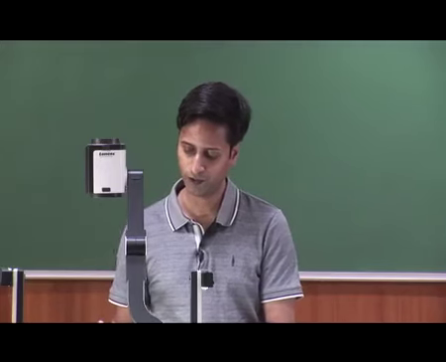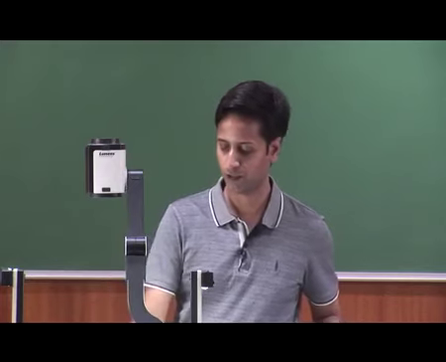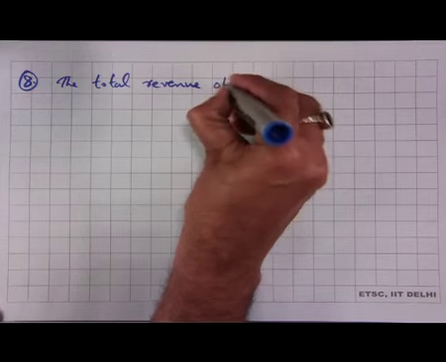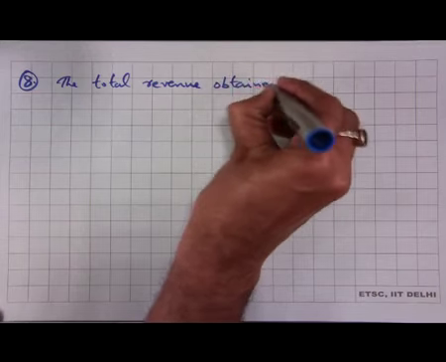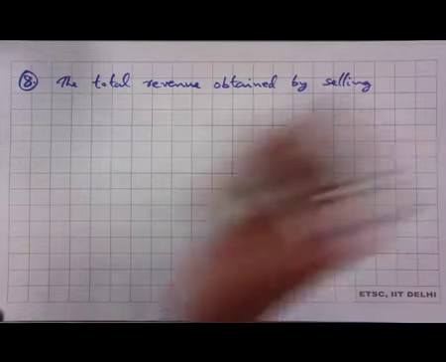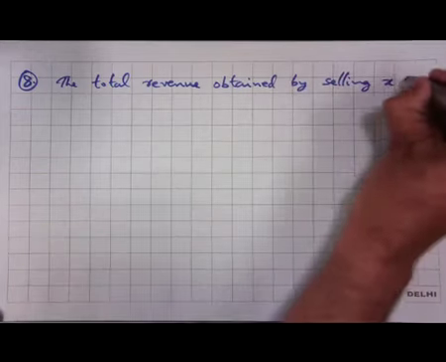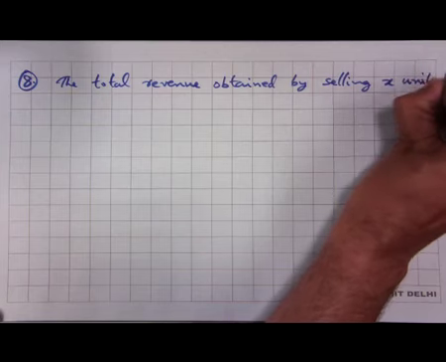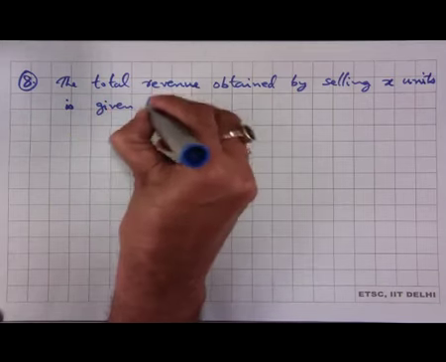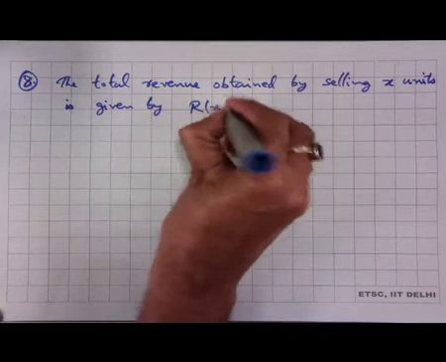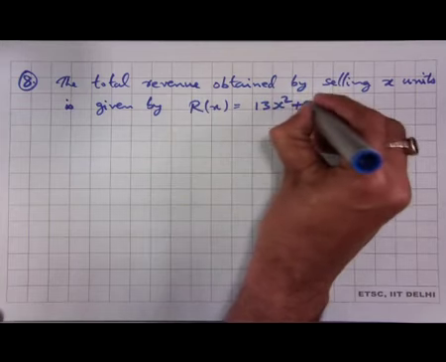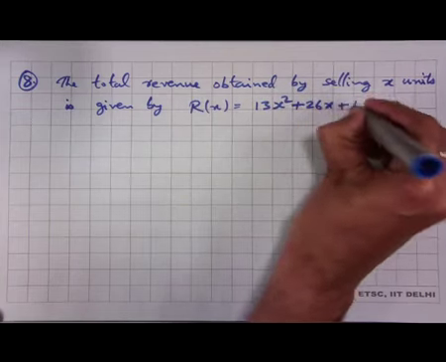Similarly, if revenue is given, so the next example, the total revenue obtained by selling x units is given by R of x is 13 x square plus 26 x plus 15.